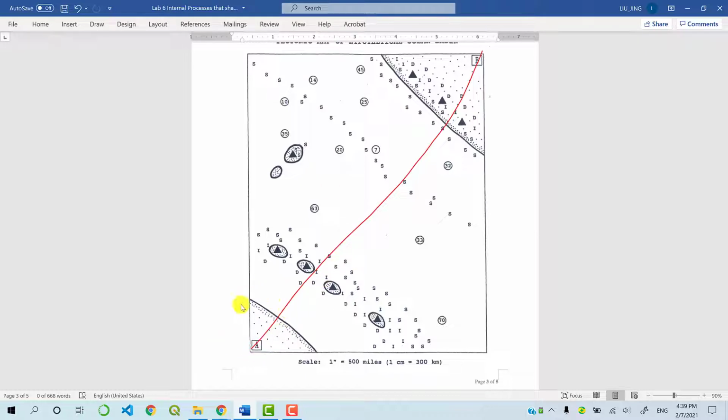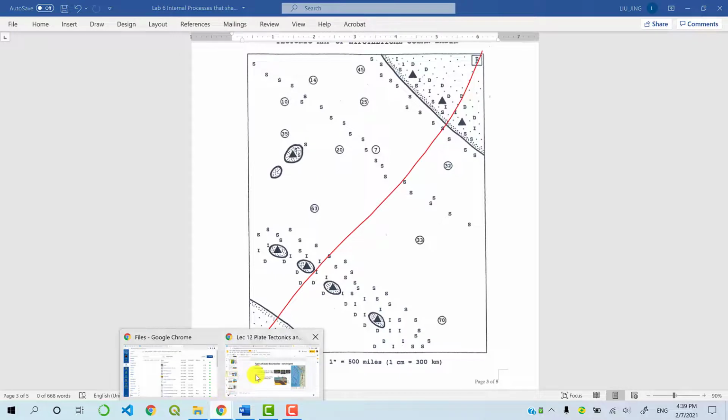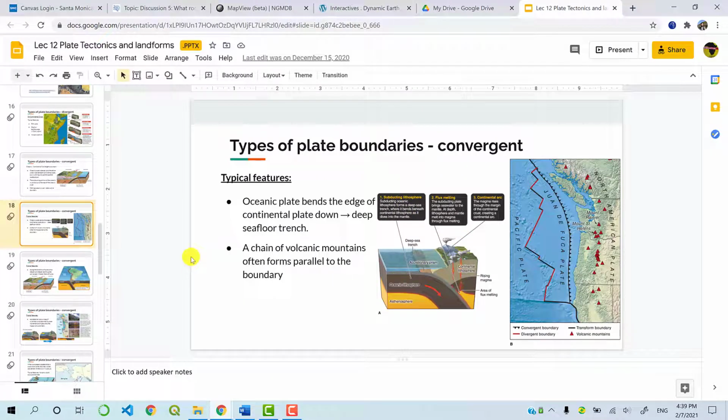What happened beneath it? What happened inside the Earth's crust? So the hint is to go to the cross-section view. This is the map view you see from the top. Cross-section view is like a side view of what's happening.